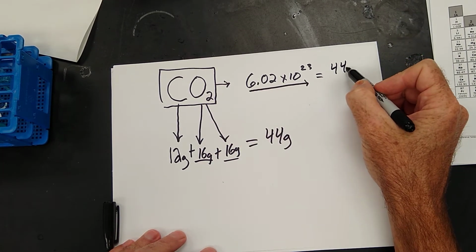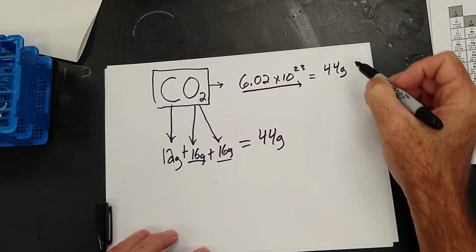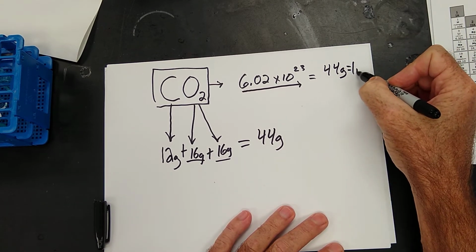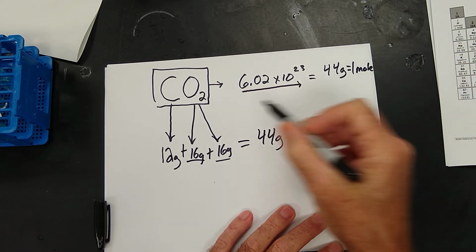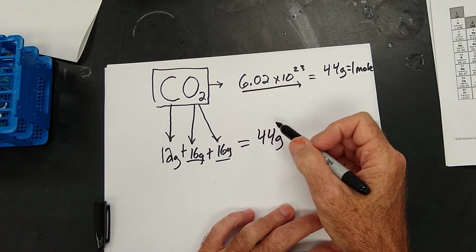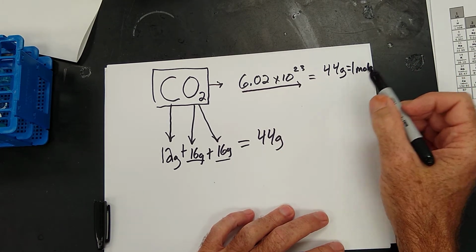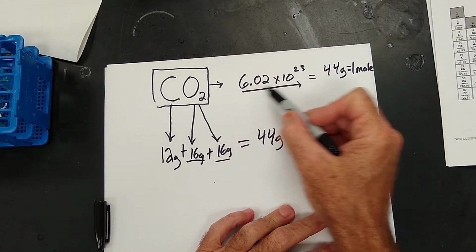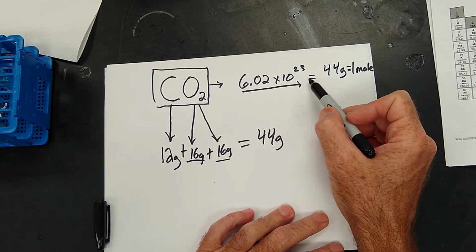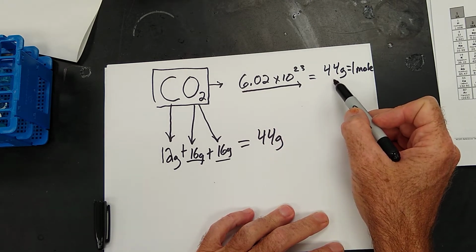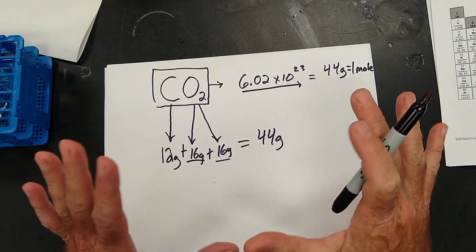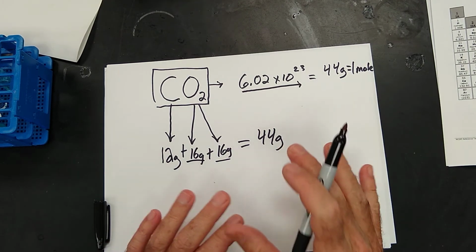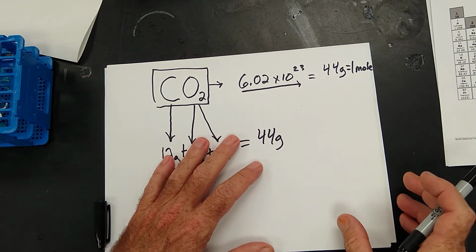And 1 mole of carbon dioxide weighs 44 grams. So instead of saying 1 dozen, we say 1 mole. If you have this many molecules of it, that's a mole, it would equal 44 grams of weight. Now, what we can do later is learn to count by weighing.